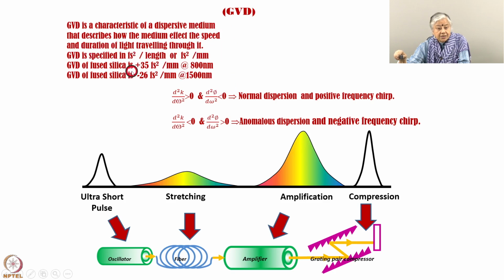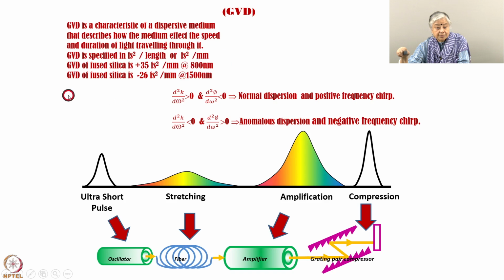GVD is specified in terms of femtosecond square per length. See, GVD is affecting the time, that is why you have this femtosecond square, and the dispersion obviously depends on the length the pulse travels. So, it is per length. So, femtosecond square per mm. This is the unit of group velocity dispersion.